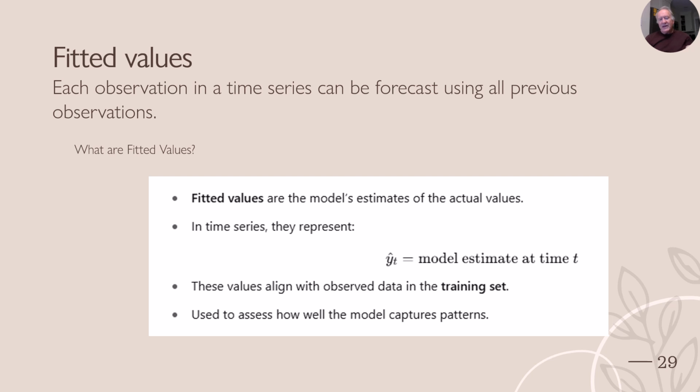The fitted values are the model's estimates for the actual values, and in a time series we represent them as y with a tilted hat on top of it, so we call it y hat sub t, the estimate at time t. These values align with the observed data in the training set, and they're used to assess how well the model captures the patterns.